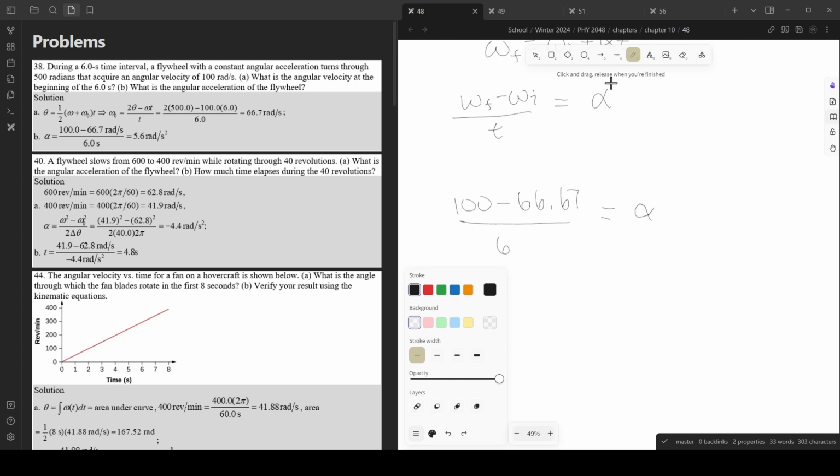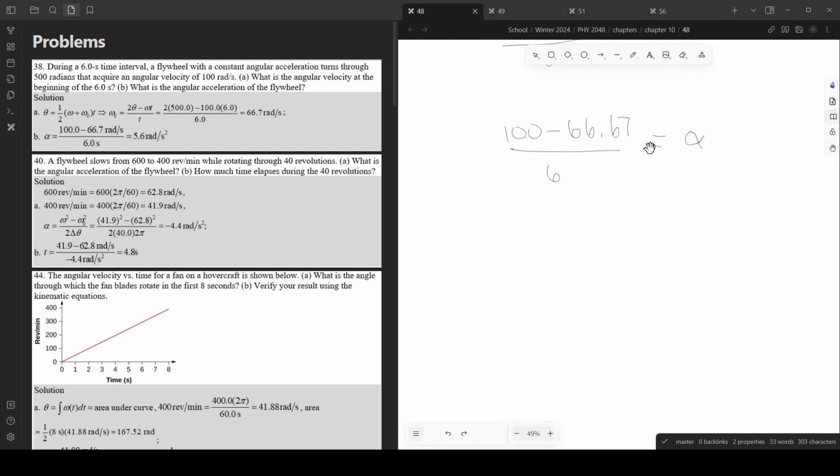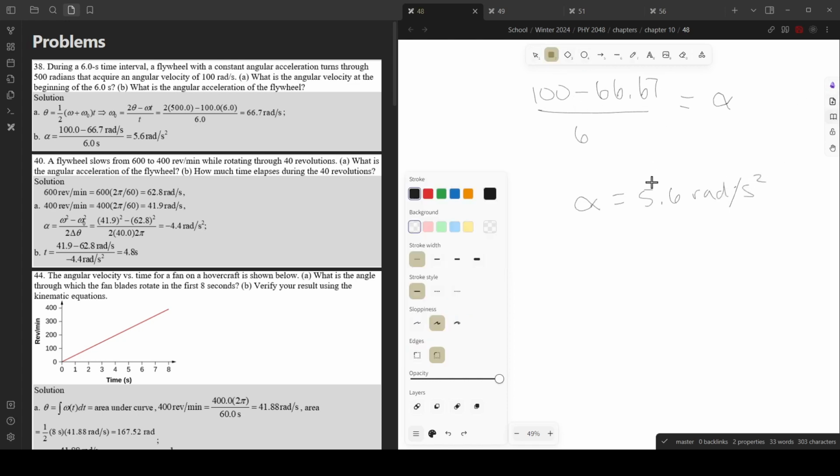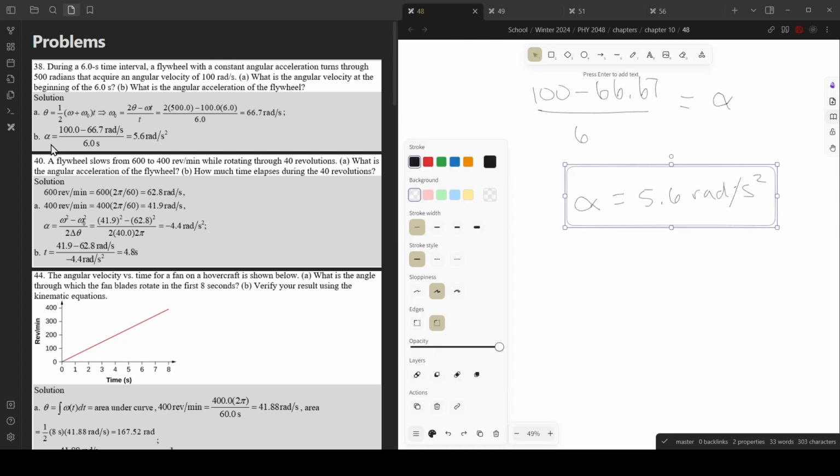Alright, so after calculating, we see that our angular acceleration does indeed equal 5.6 radians per second squared. So that is part B done, and we can verify that by looking at the solution. And yeah, we see 5.6 radians per second squared.